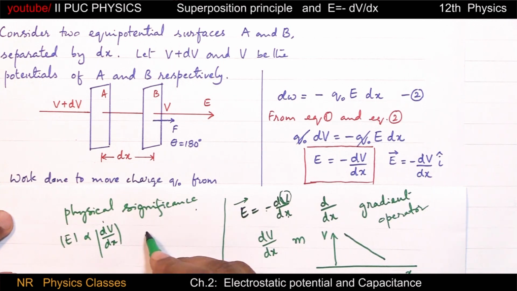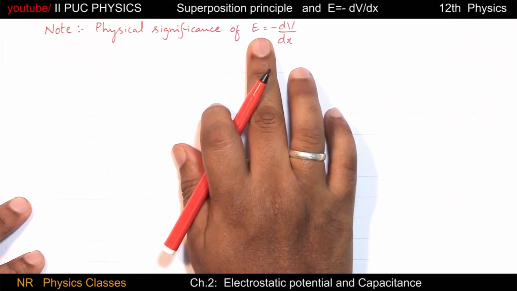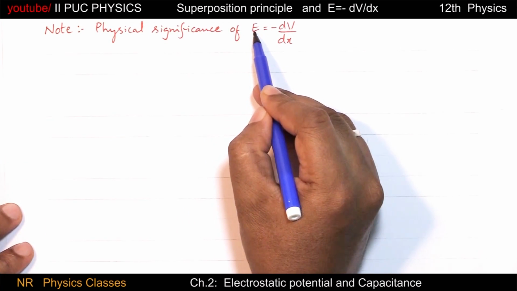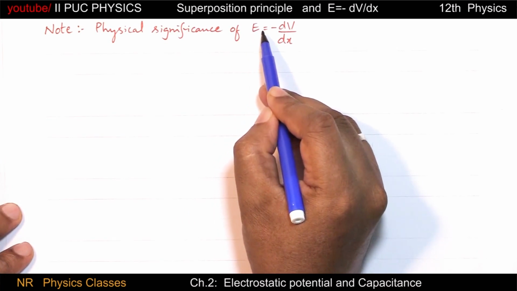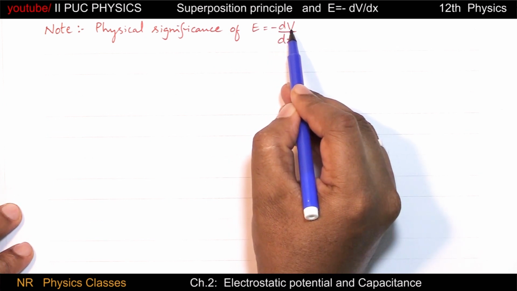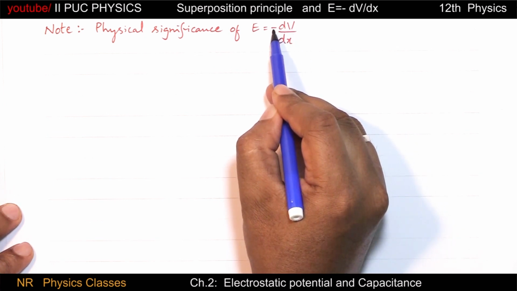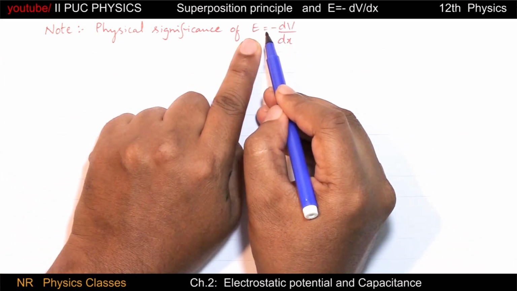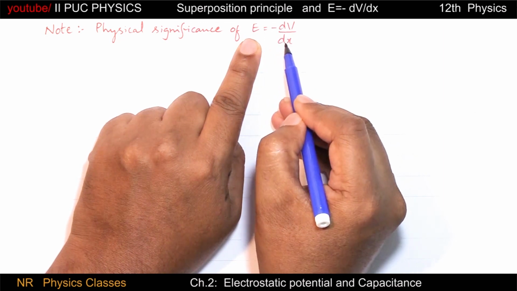The direction of electric field is in the direction of the steepest decrease in potential. Minus says decrease in potential, and the magnitude of electric field is proportional to the magnitude of dV by dx.